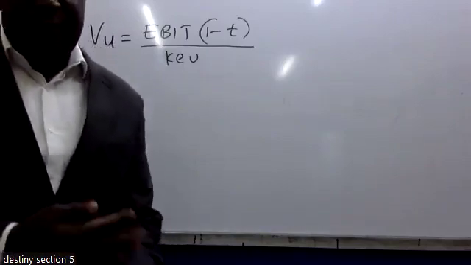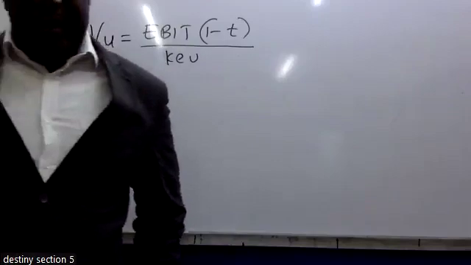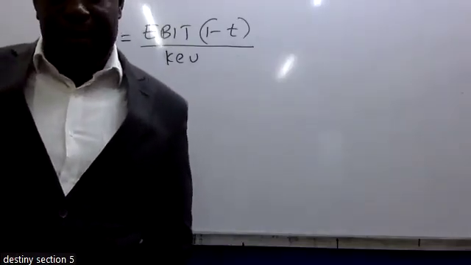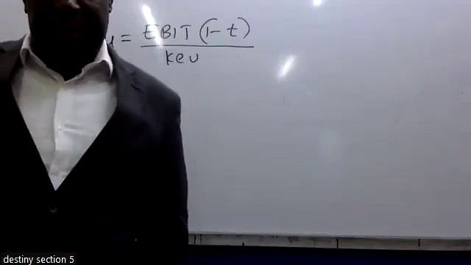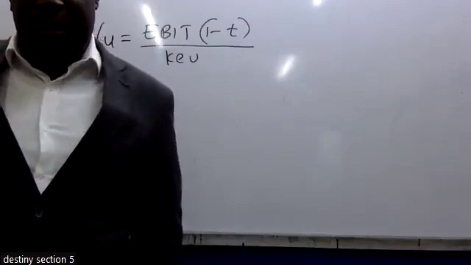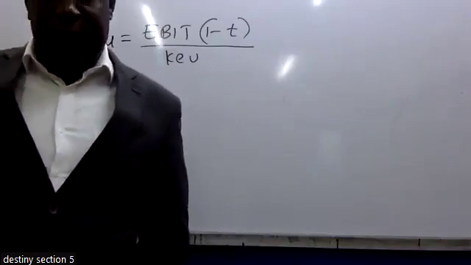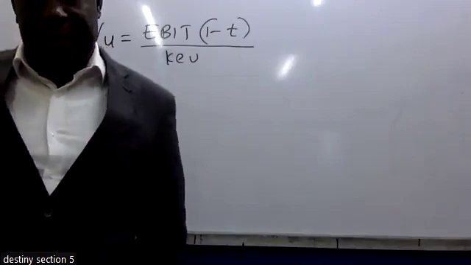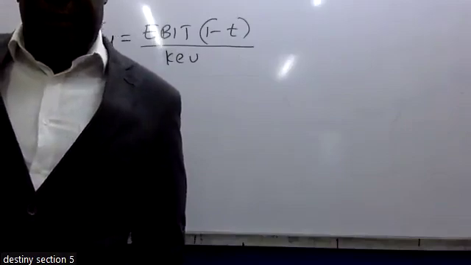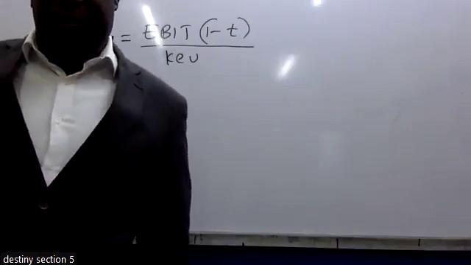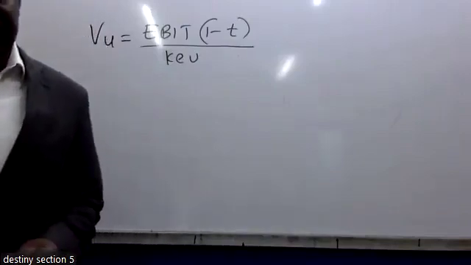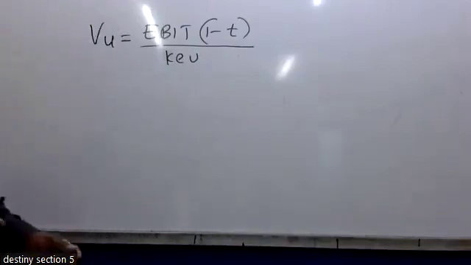A new paragraph, we continue by writing that in the presence of the personal taxes, comma, the value of the unlevered farm will be expressed as follows.